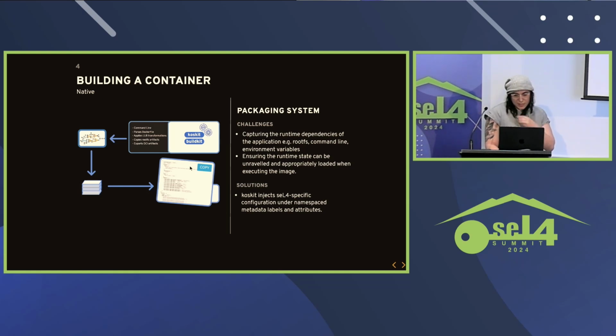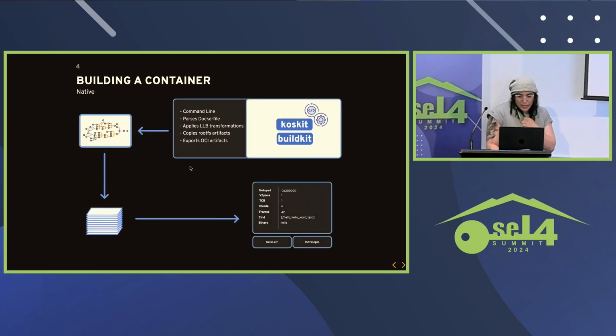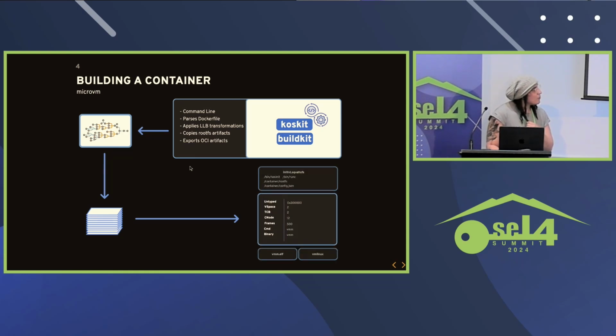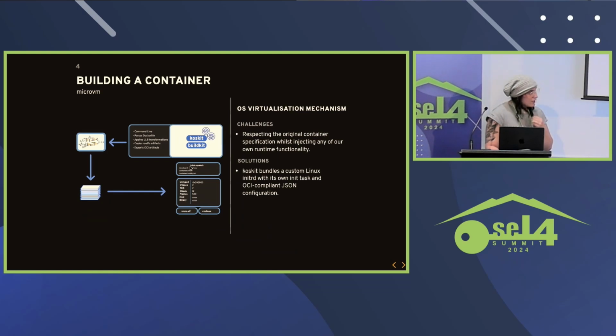We inject seL4-specific configuration under namespaced attributes. And when it comes time to actually run it, we can produce binaries of its entry point, its root FS, and a bunch of capabilities that it needs when it is loaded, similar to how CapDL would work. And in the micro VM case, that also comes with a VMM and our own injected init task with the container's root FS.